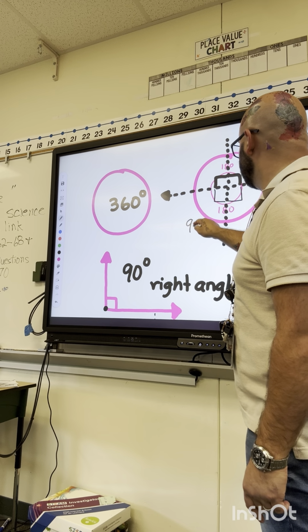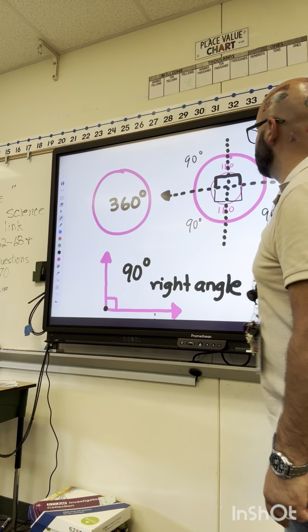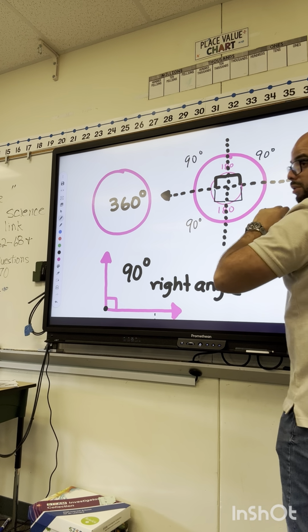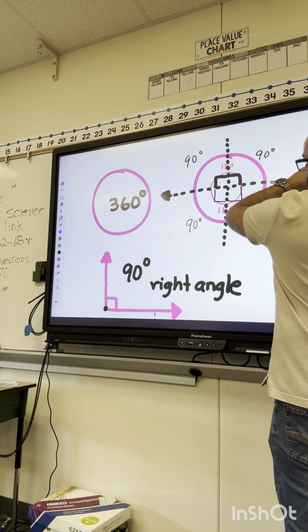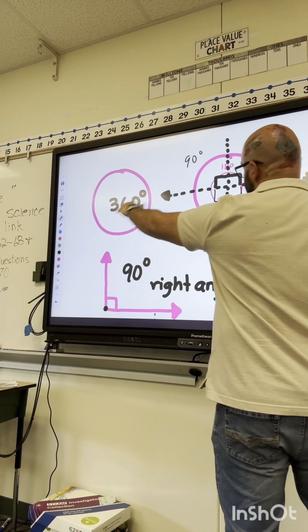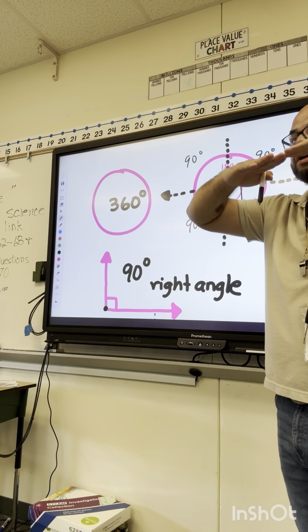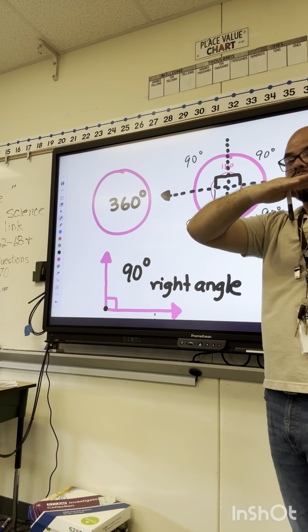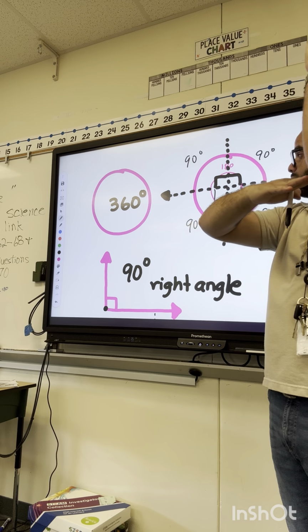Still 90. You see how I just broke that 360 down into 4 equal parts, and each part will equal 90? But if I were to break the circle right in half, it'll only be 180, right? Because it creates a straight angle. Now, if I break it into 4, now you're creating 4 equal angles, equal right angles, right? Yeah.